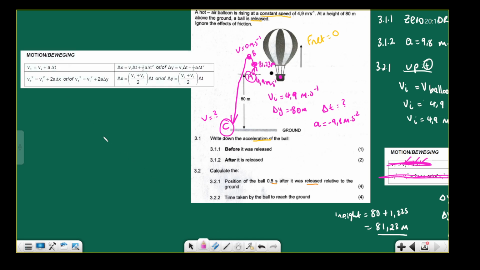The formula with change in Y is this one. This is out. The formula with change in T is this one. This one is out. Guys, this is so much fun. And then acceleration, this one doesn't have. Here's a fun fact. This formula, you're hardly going to use it.